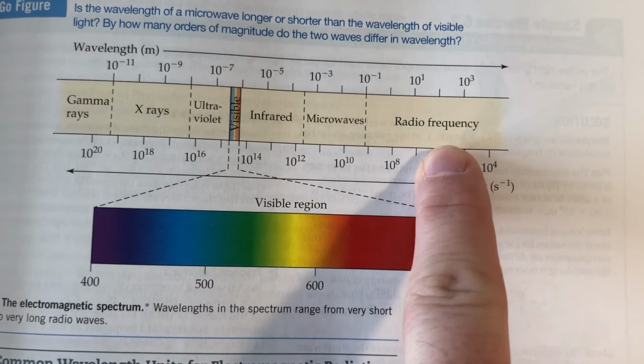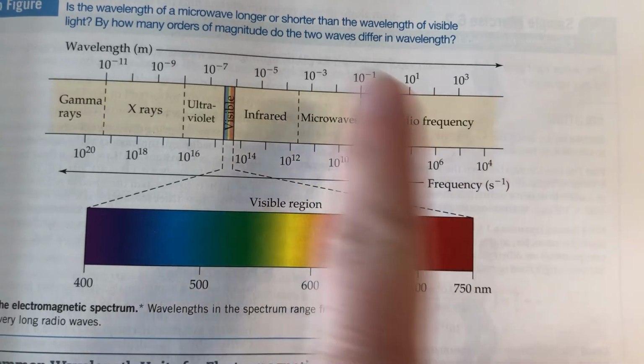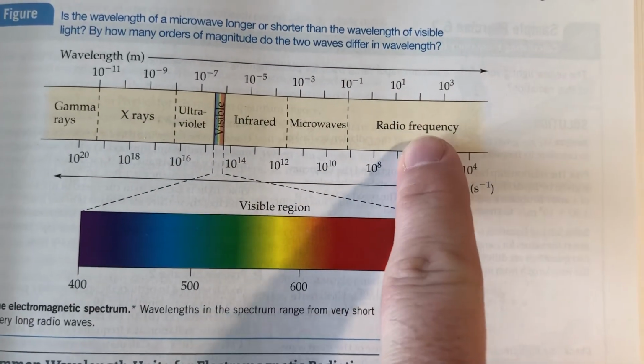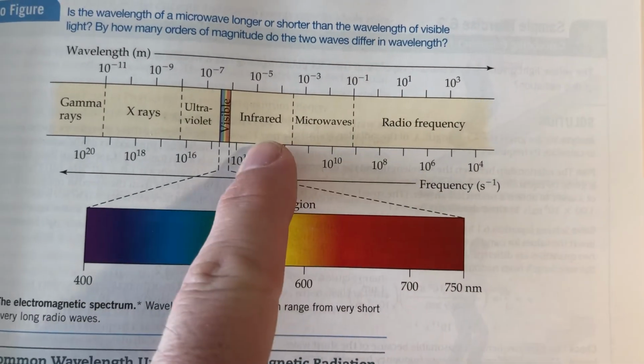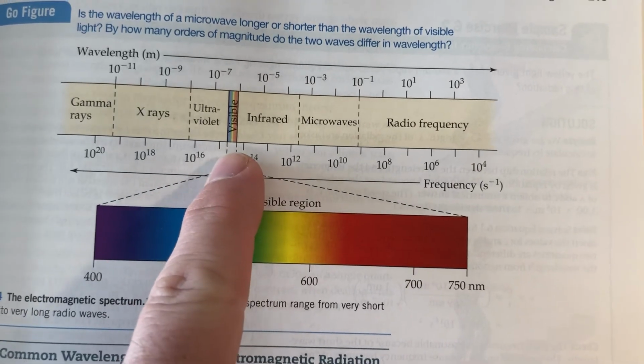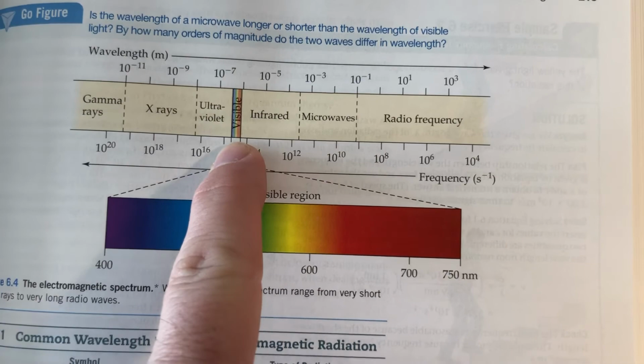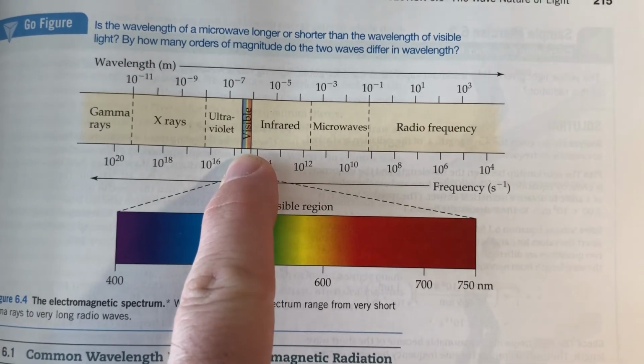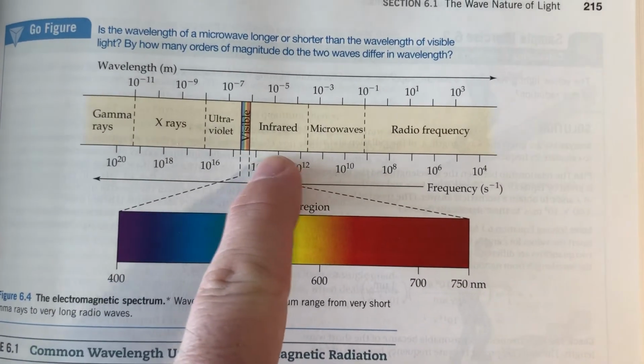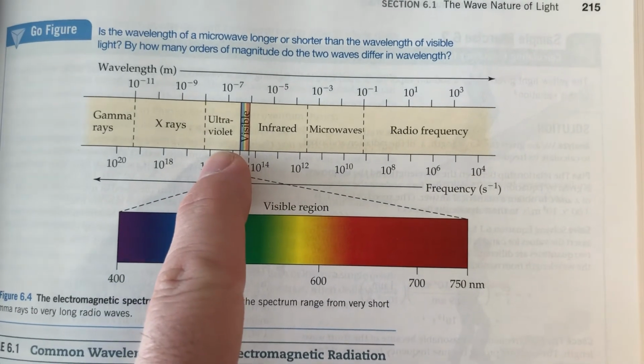So radio waves are very, very low energy, but very, very large wavelengths. Microwaves are higher in energy. Infrared is slightly lower in energy. The entire visible spectrum, every color you've ever seen in your entire life, is in this tiny little narrow range in the middle. Ultraviolet is higher in energy.